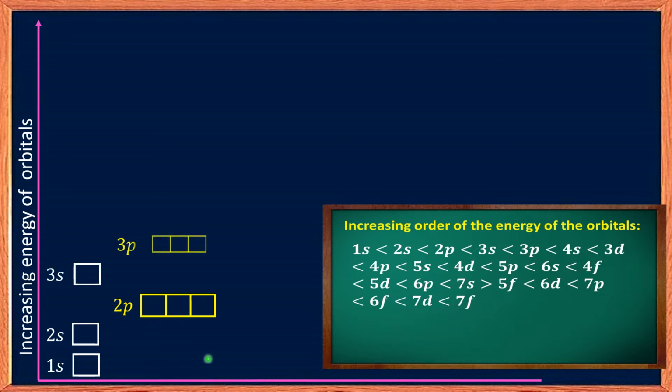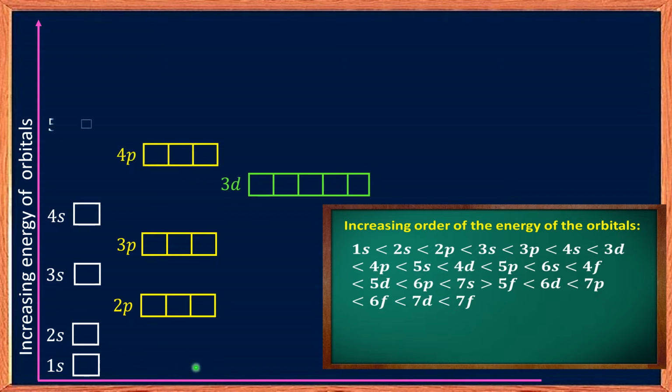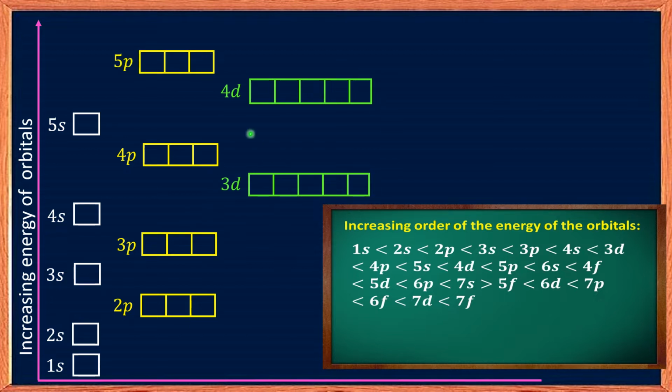Next 3s, 3p, 4s, 3d, 4p, 5s, isn't it? In this order only. After filling 5s, electrons enter into 4d. Next they enter into 5p, 6s, like that. So this is the order of filling the atomic orbitals.